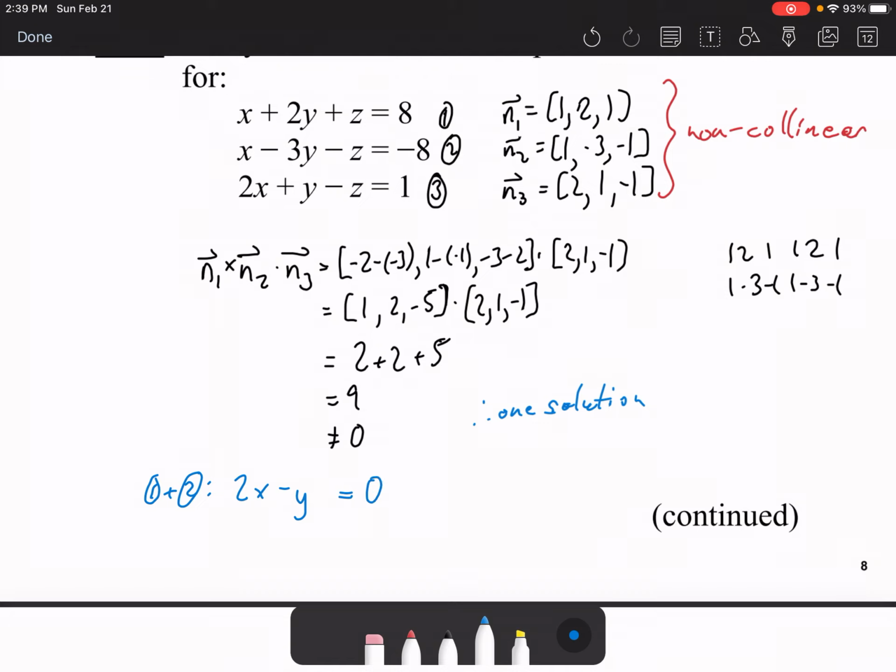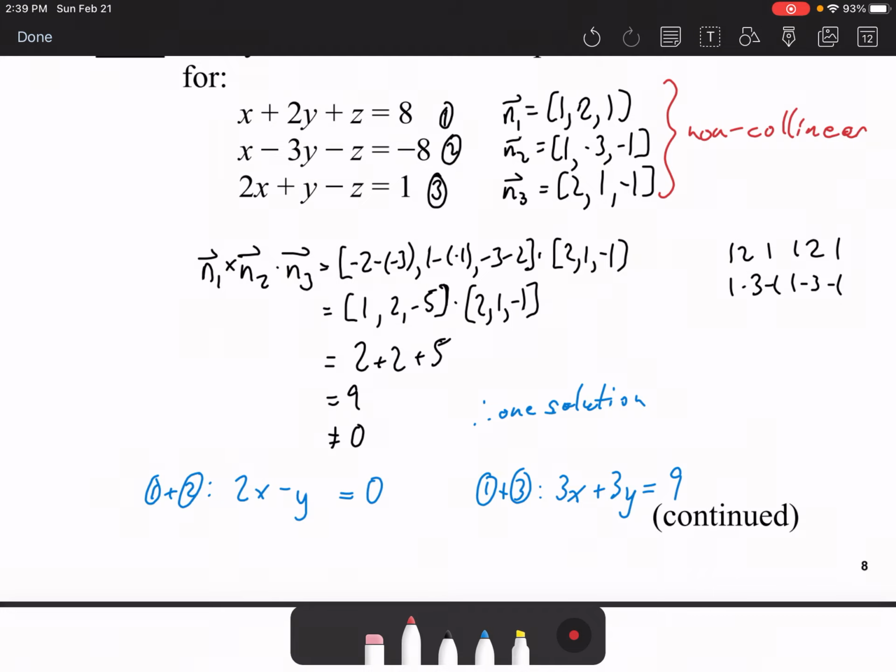And I'm also going to eliminate the variable z from equations 1 and 3. So 1 plus equation 3. You may have to multiply them by something to also eliminate. So that gives me 3x plus 3y equals 9.